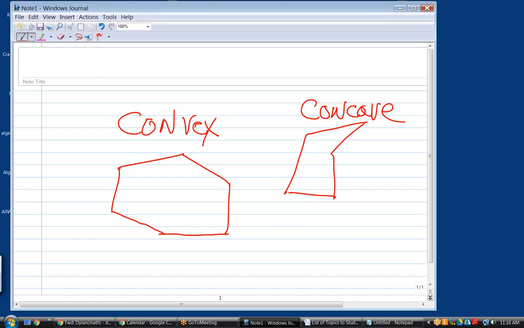Here's the key. In the concave polygon, I can find 2 points, and I can connect them with a straight line, and that straight line passes through the outside of the polygon. Oh, yeah. That's the definition of concave. Notice I cannot do this with the convex polygon.